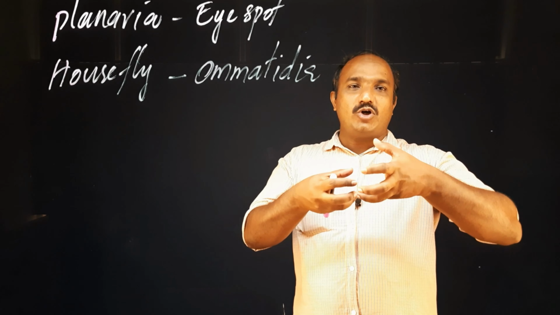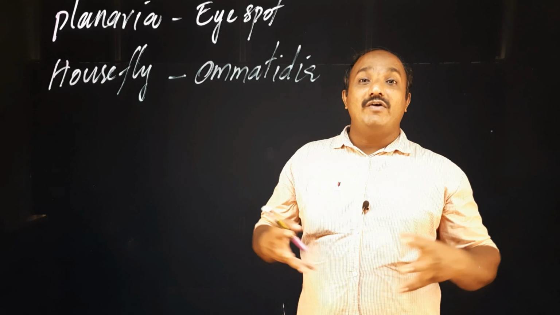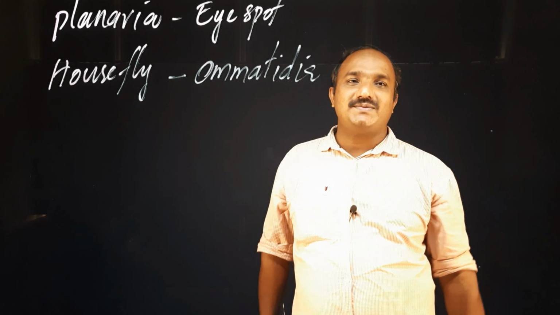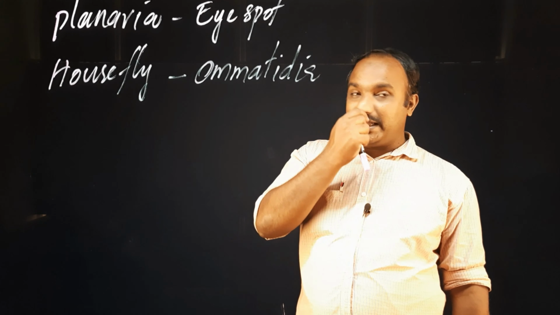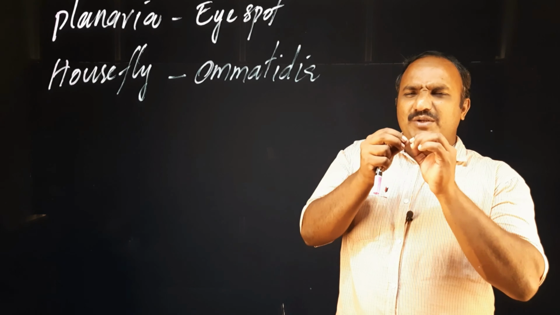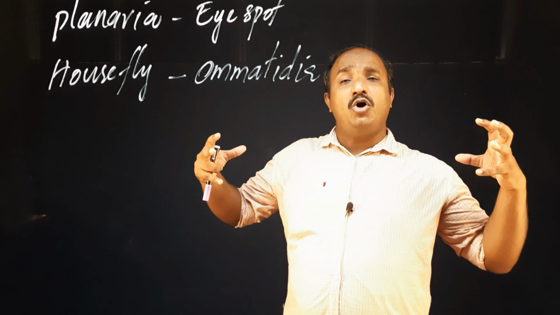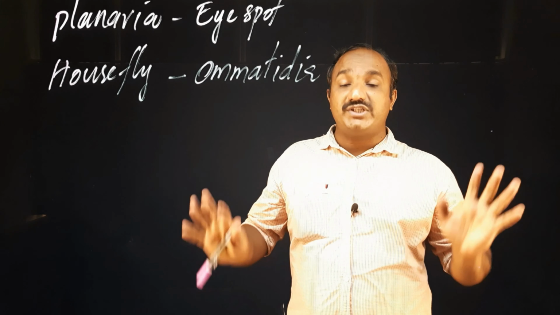If you are opening that cap, you can see many small bulbs there. When all these bulbs function together, it will give a fantastic light. Like that, the eye of the housefly and honeybee contains many small photoreceptors. When all these photoreceptors function together, they get wonderful vision.